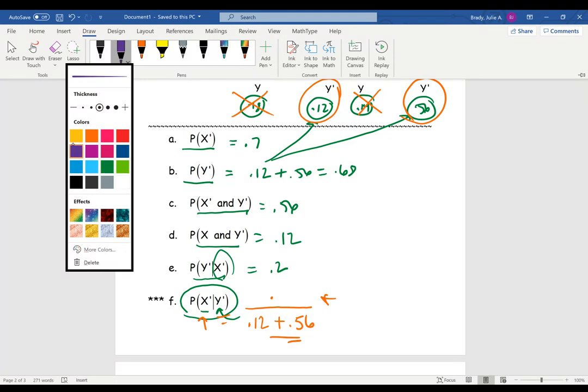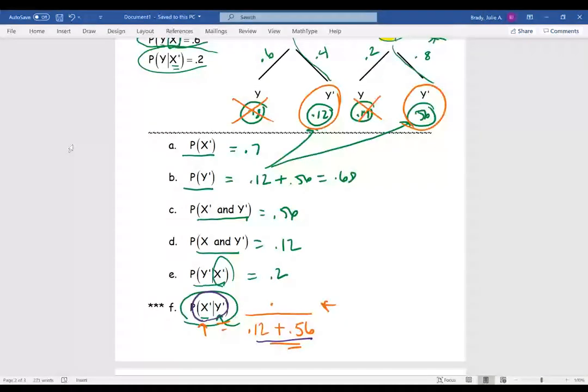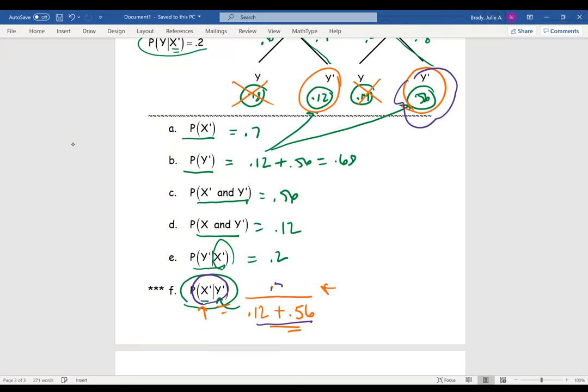Okay, so I win if x prime happened. Out of these two things, and x prime happening is this one. So this is 0.56 in the numerator. And so if I divide this, I get 14 over 17, which is about 0.824.